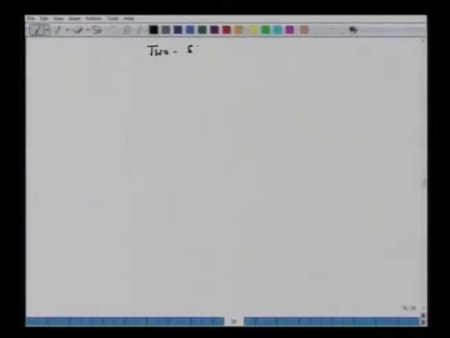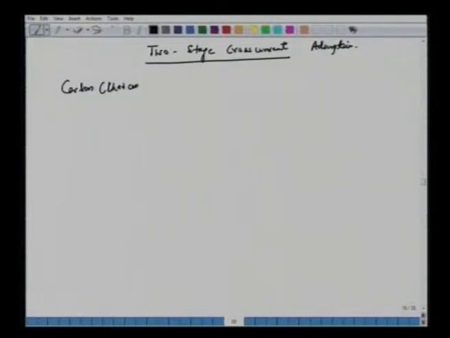So we have this two stage cross current adsorption, and we have this carbon or charcoal plus this wastewater. So what you will have is one stage here and the second stage.